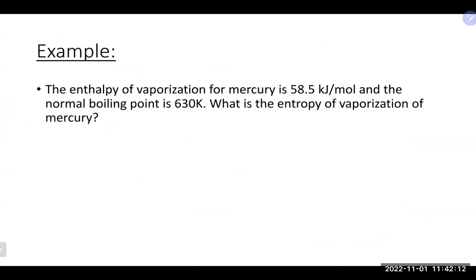So let's take a look at one here. The enthalpy of vaporization for mercury is 58.5 kilojoules. And the normal boiling point is 630. What is the entropy of vaporization? So what is the delta S of vaporization for this guy?